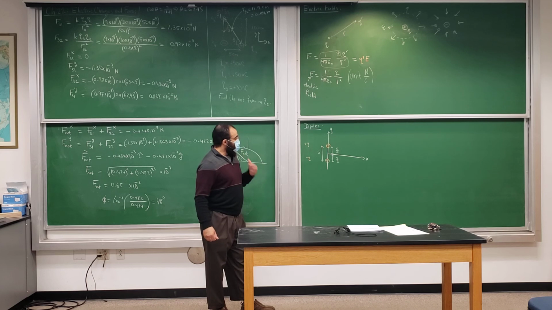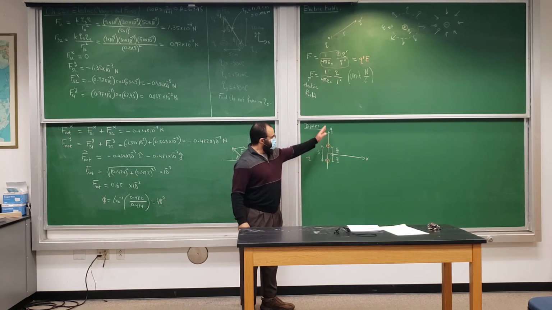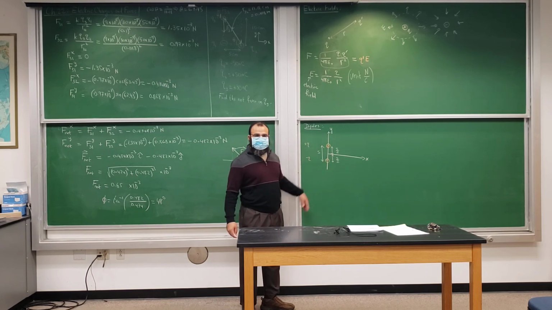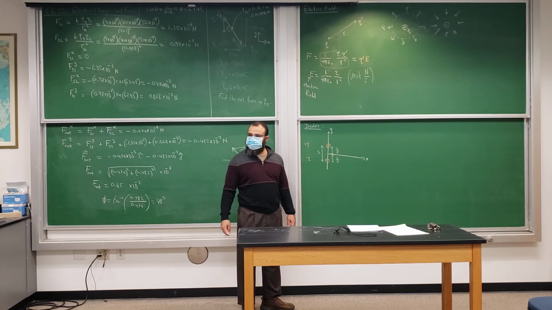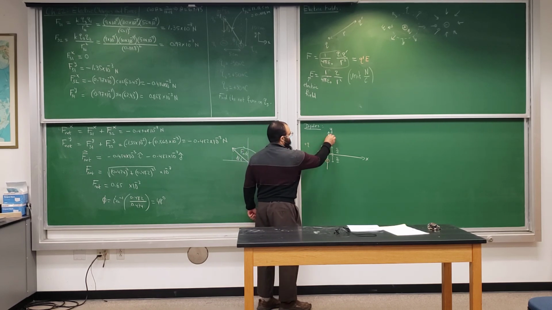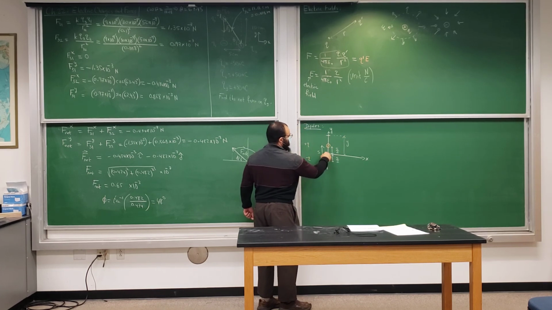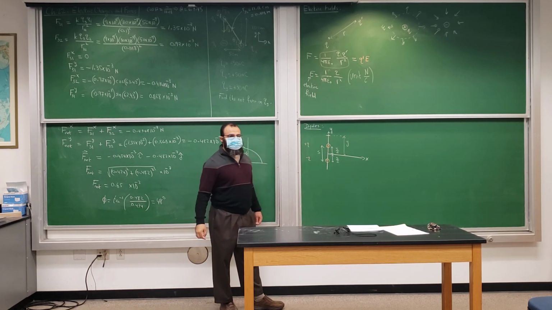Okay. So the first question is, what's the electric field along the axis connecting the dipole, on the axis of the dipole? So let's say we're here. From here to here is Y, right? The distance Y from the center of the dipole.